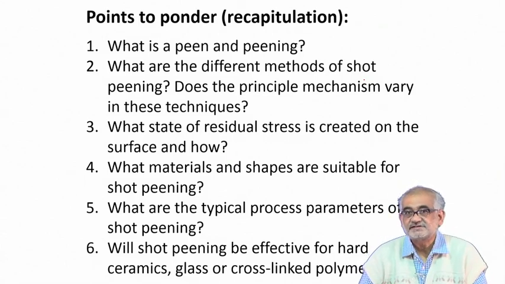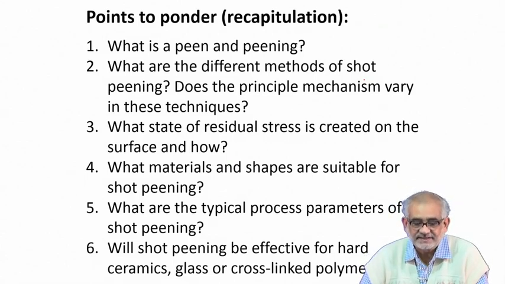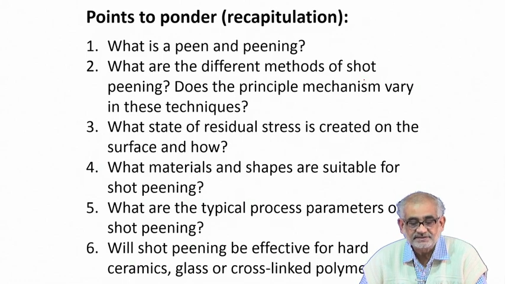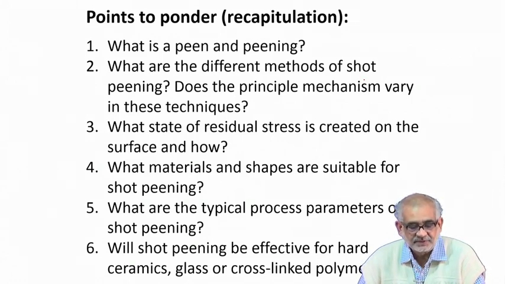This kind of state of stress is the compressive stress, and when we create that on the surface by way of shot peening, we improve the fatigue strength. Usually metallic materials and alloys which are amenable to plastic deformation easily are the ones suitable for shot peening, and not ultra hard or non-deformable rigid solids. For example, you don't do it for a semiconductor or a carbide or nitrided surface and so on.